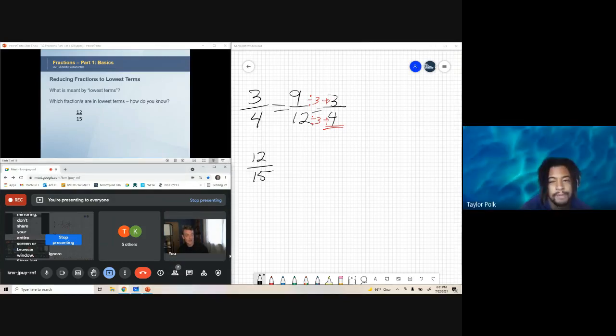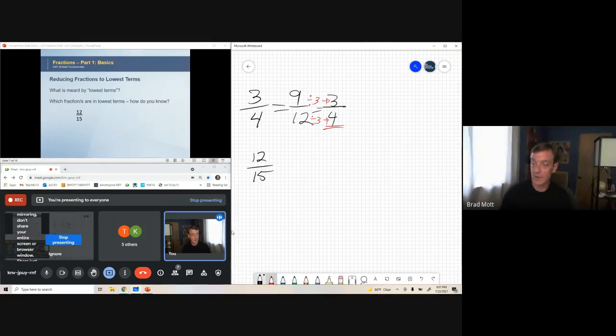It could probably be divided again by 3. Okay, so let's divide both the top and the bottom by 3. Make sure they are both divisible by 3. So 12 divided by 3 is 4, and 15 divided by 3 is 5. There's nothing else in common between your numerator and the denominator except 1. So you have simplified 12/15 to 4/5. Perfect.